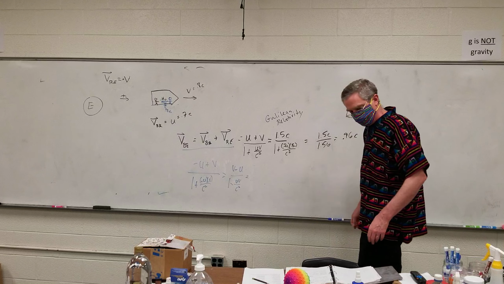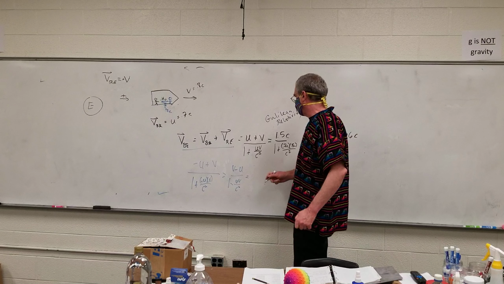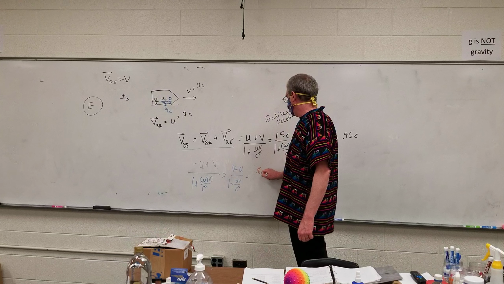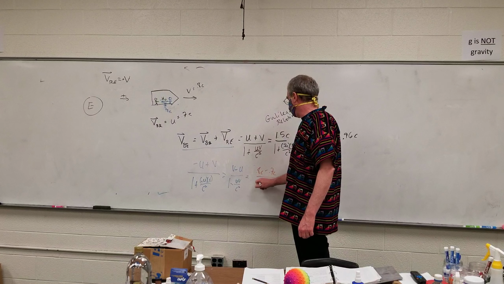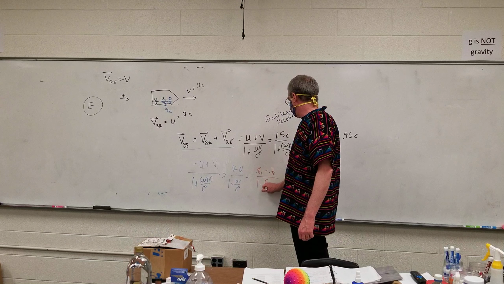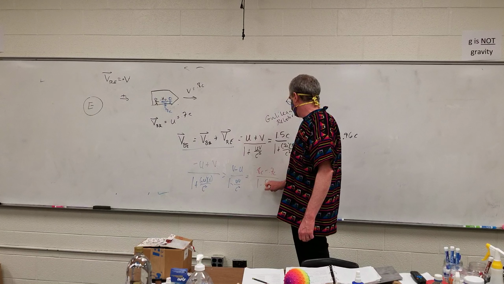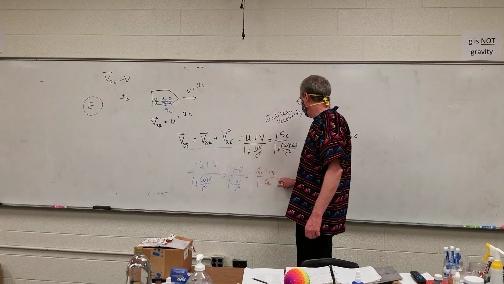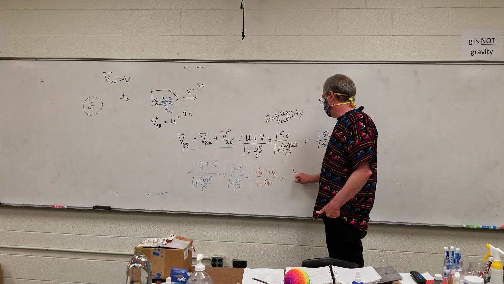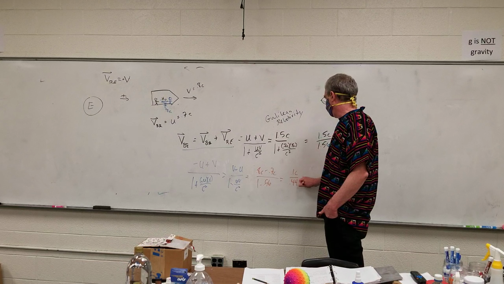Let's figure out what this is with a marker hopefully darker than what I've been doing. So v is 0.8 minus 0.7c divided by 1 minus 0.56. So 0.1c divided by 0.44.